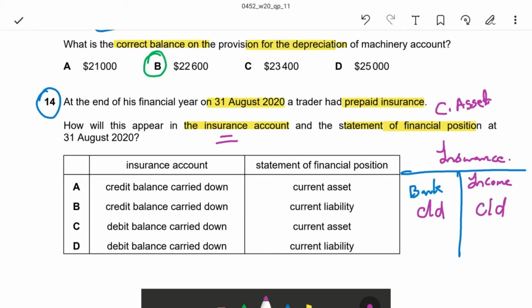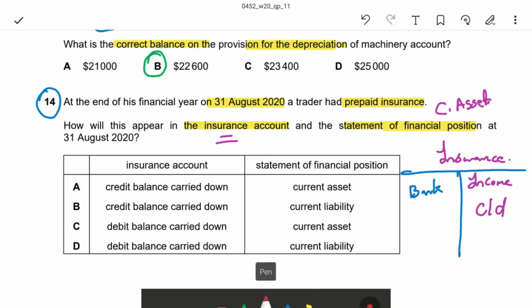So the question is the insurance account balance and the statement of financial position. Statement of financial position: current asset. Insurance account: prepaid insurance. Prepaid insurance means the business paid more than the actual amount. So the actual amount of this year, the actual amount paid, is on the debit side.